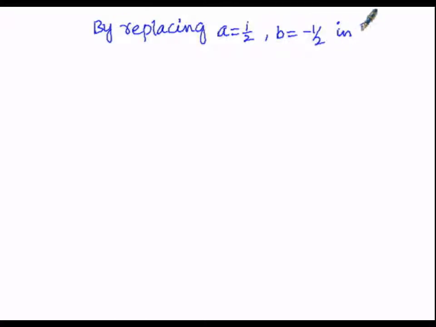So by replacing a equals half, b equals minus half in equation number 1, the equation number 1 is a plus b plus c equals 1, which is the equation number 1.